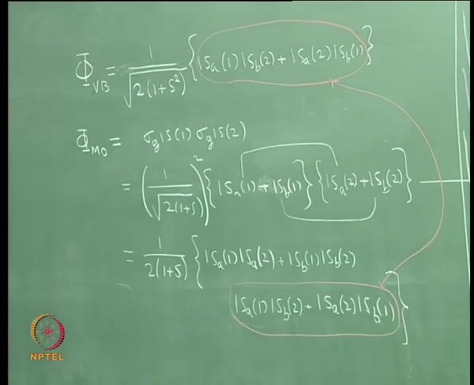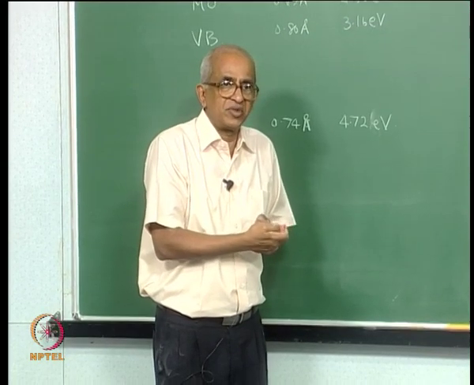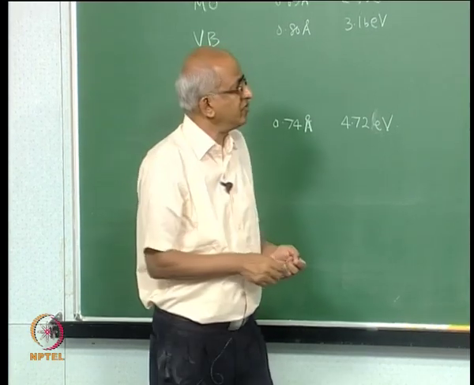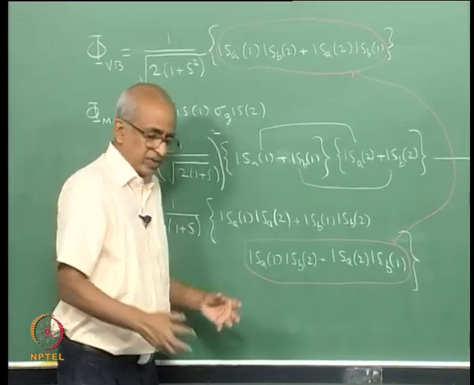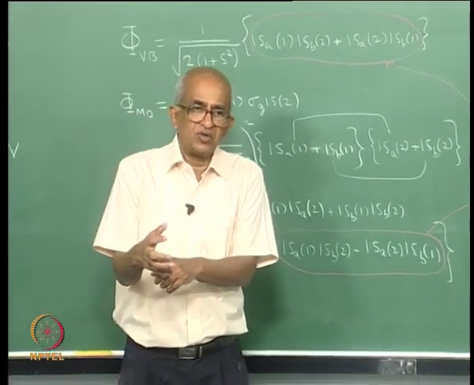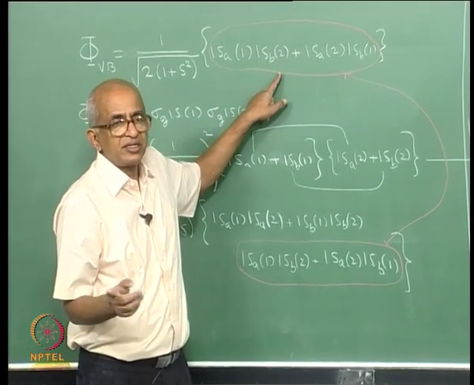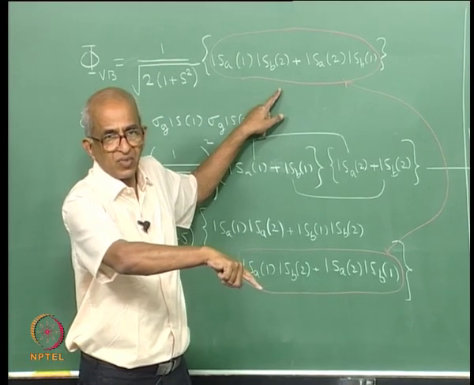So, contained inside your molecular orbital wave function is actually the valence bond wave function. And what does the valence bond wave function say? The valence bond wave function says that there is one electron associated with nucleus A, right, and if that is the way it is, the other electron is associated with nucleus B.